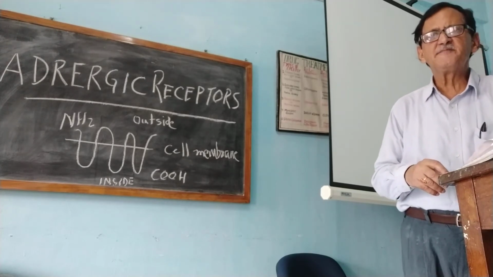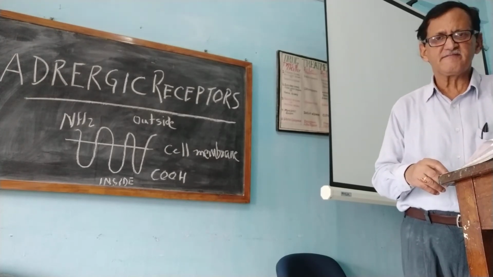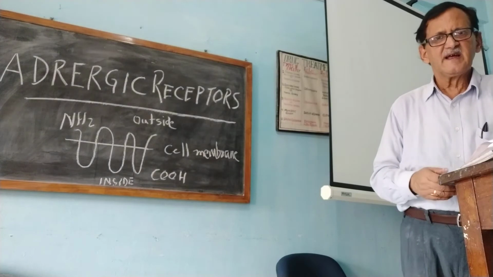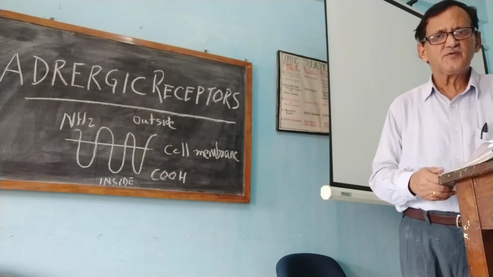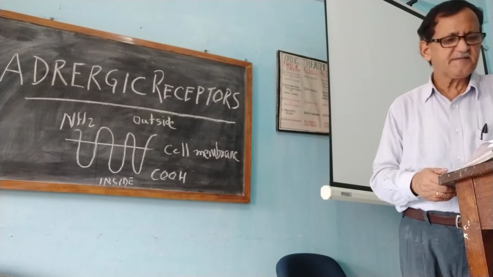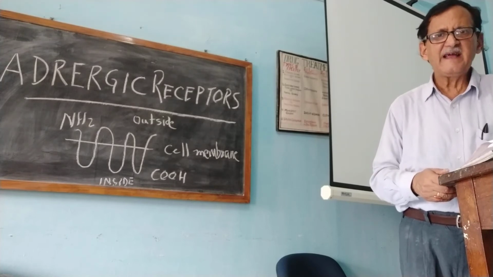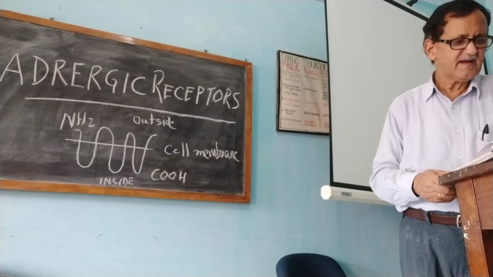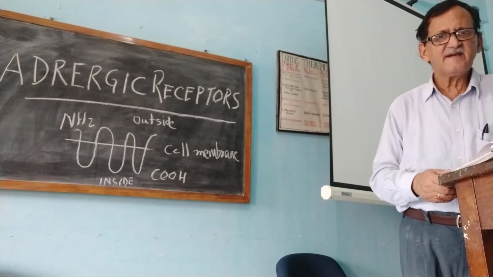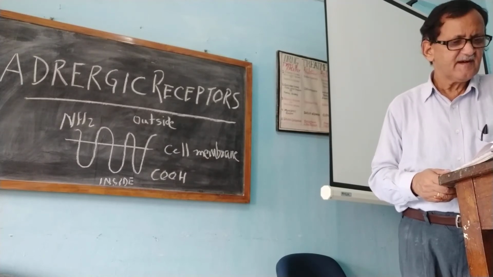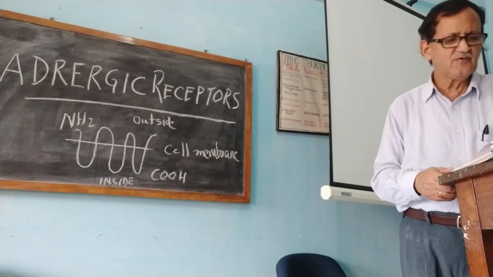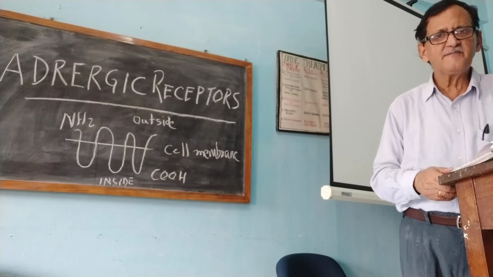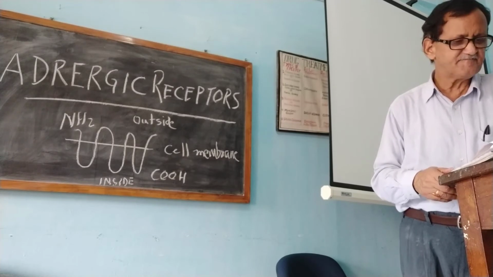And they are linked with G proteins. Adrenoreceptors are of 2 broad types, that is alpha and beta. And there are subtypes of alpha, that is alpha 1 and alpha 2, and then beta 1, beta 2 and beta 3.